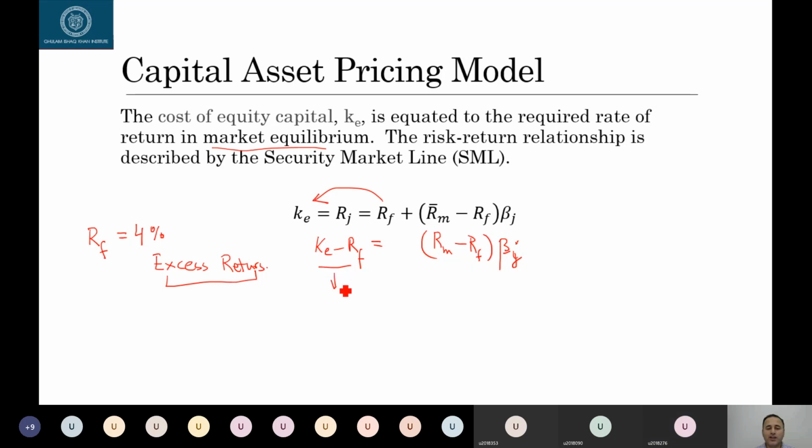So here it's the excess return of the individual stock, and it can be a portfolio as well. And this is the excess return of the market, because this RM is the average return of the market.